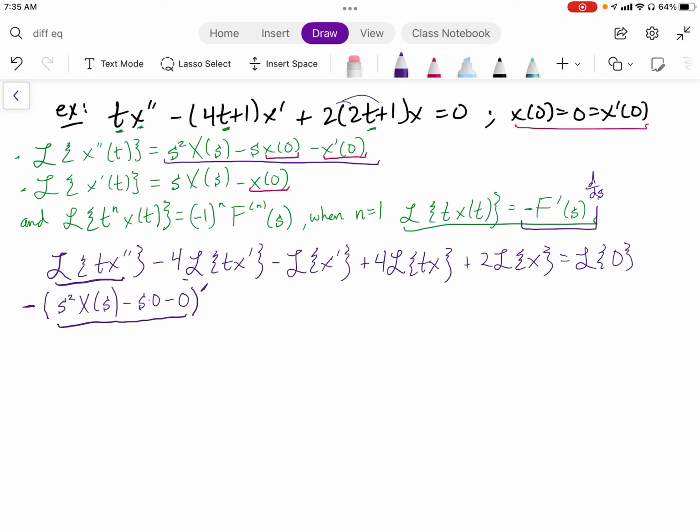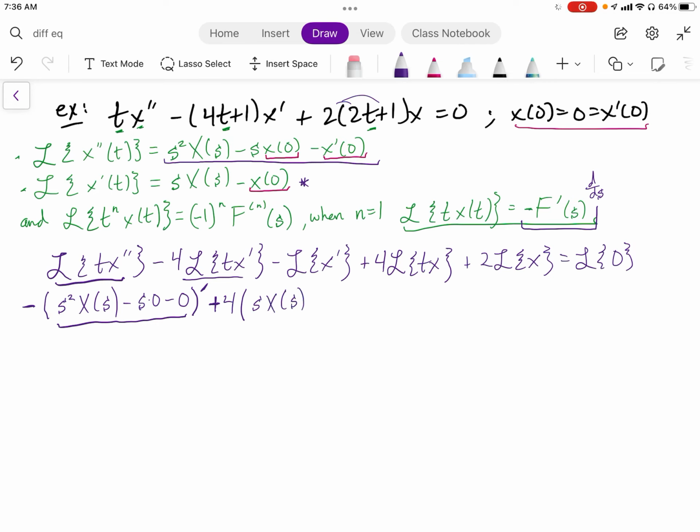So next we're going to do this, so minus 4. Laplace of x prime is given right here, but we have a t, so we need to make it negative and do the derivative. So this negative 4 turns positive, negative 4 times the derivative of s x of s minus x of 0.